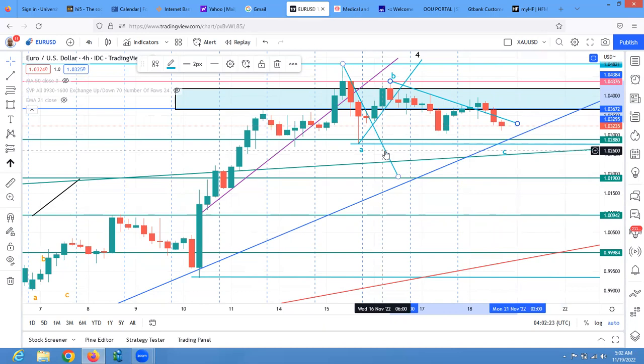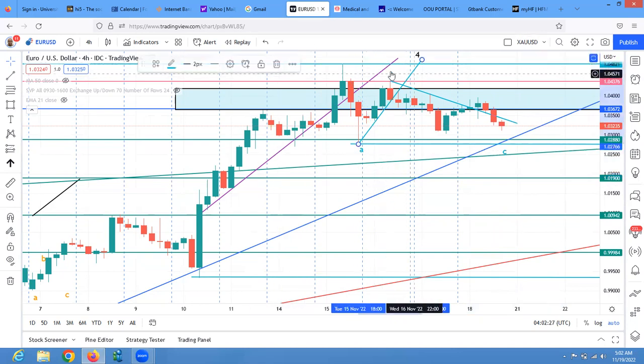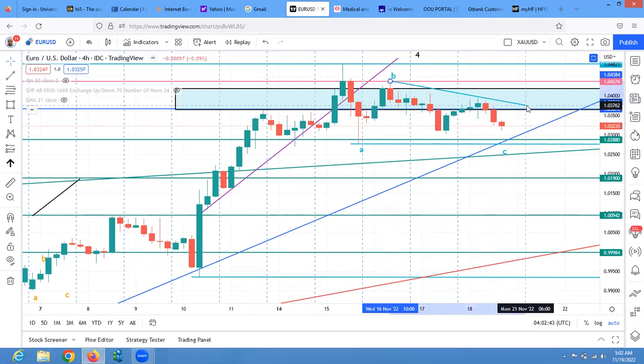So let me take this one out now. Price came here, did as if it's going to break, and price is now going bearish again. So of course, you wouldn't have put your trend here. You would have put it here.